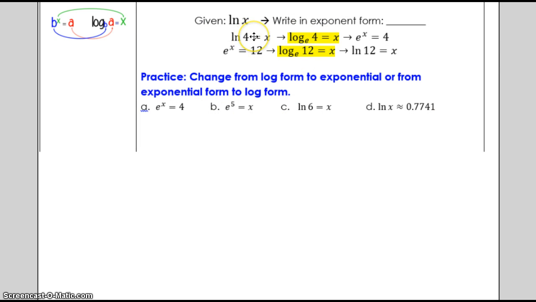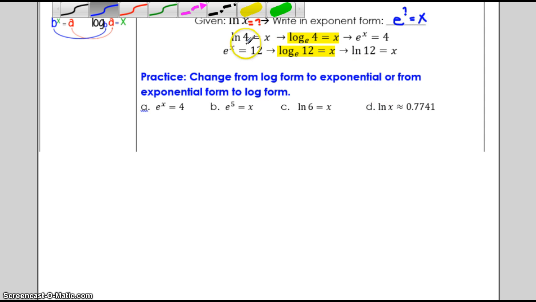So let's go ahead and work with our natural log. We're going to write this in exponential form. Remember, if our base is not written, it's still a log. So we have a base of e. We don't know our exponent, but we know that it's going to get us x.